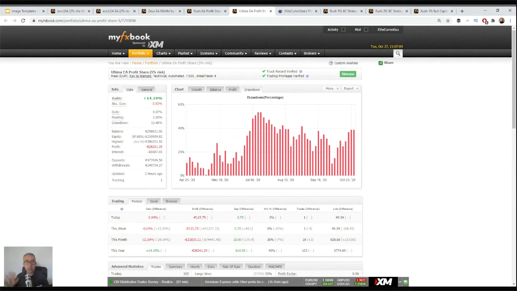So there's still some space before hitting the max drawdown there. At this moment, Elite Currency is able to offer both 3% and 5%. So if you feel that 5% is too volatile, it might be worth considering 3%.